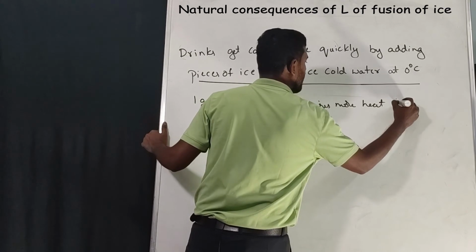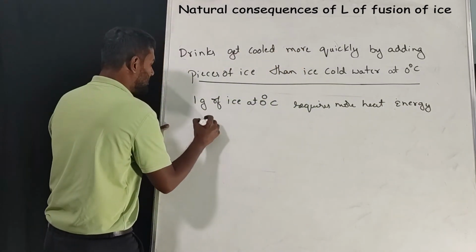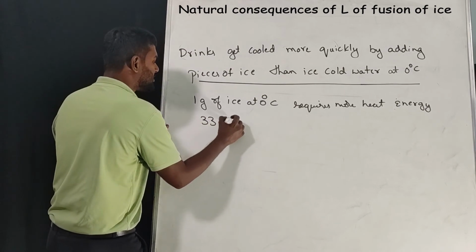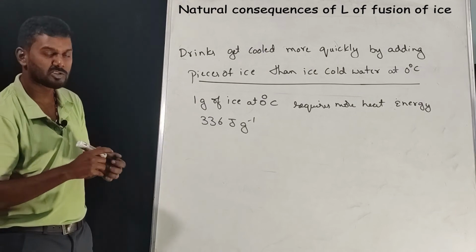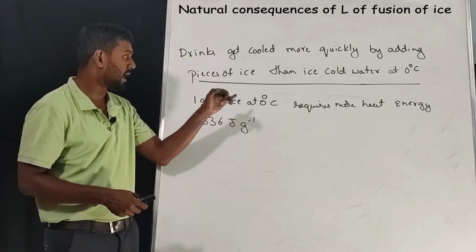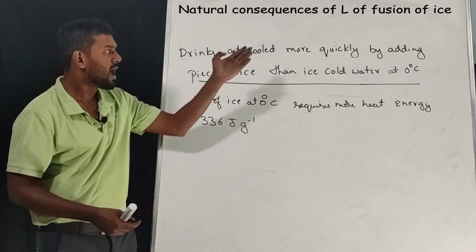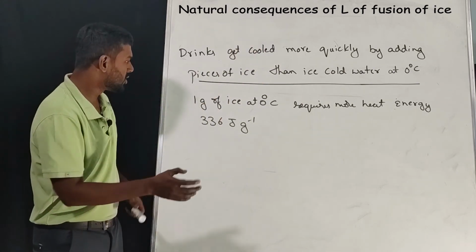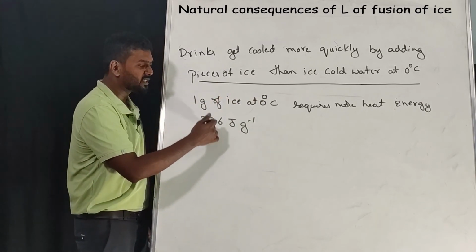More heat energy. How much is that? It requires 336 joules per gram. Per gram it requires 336 joules of heat energy compared to 1 gram of water at 0 degrees Celsius, which is nothing but ice cold water.